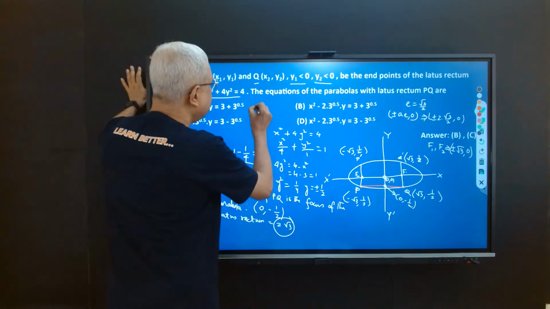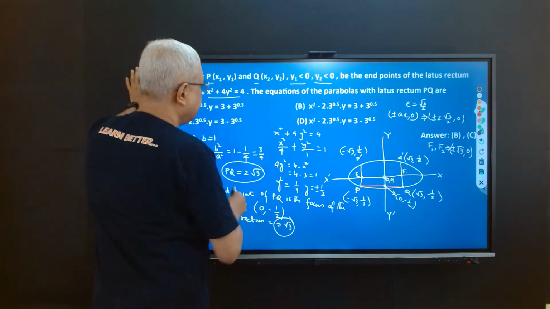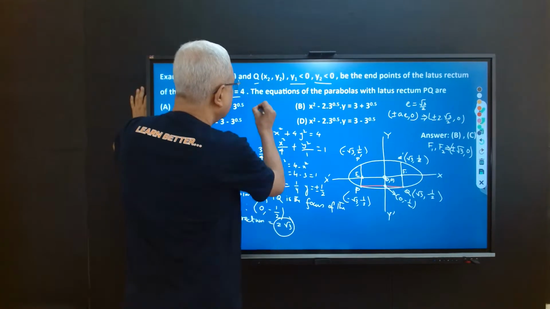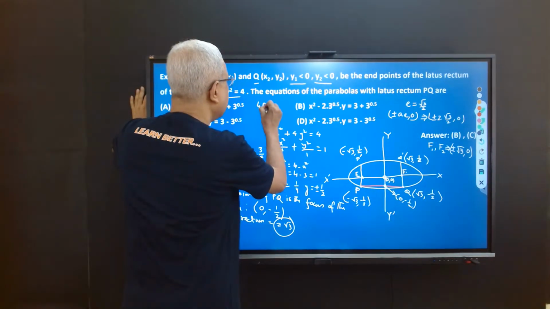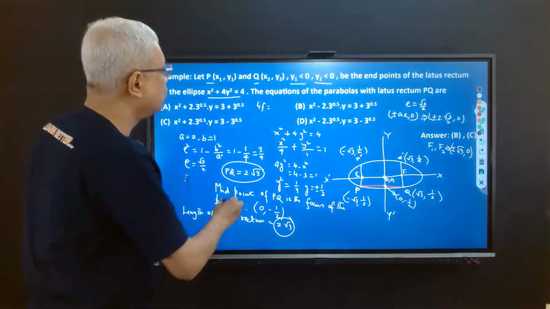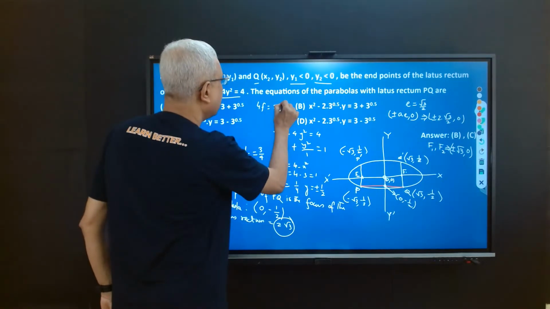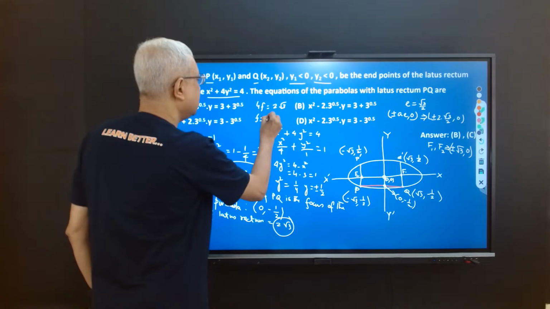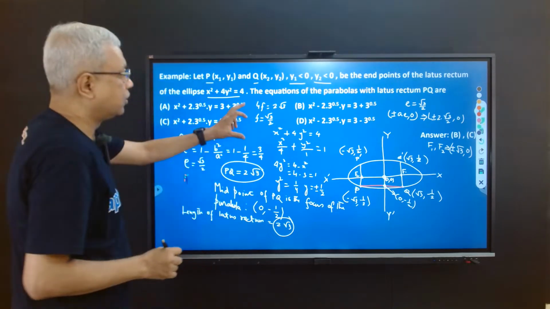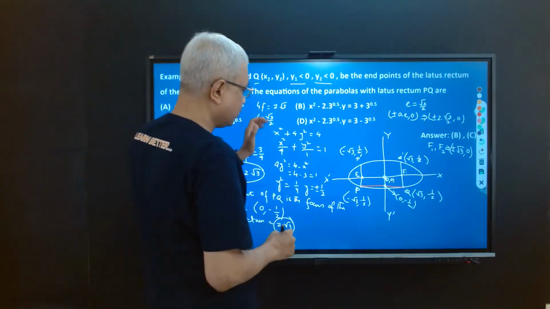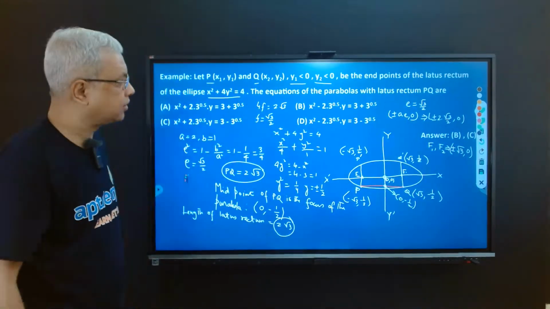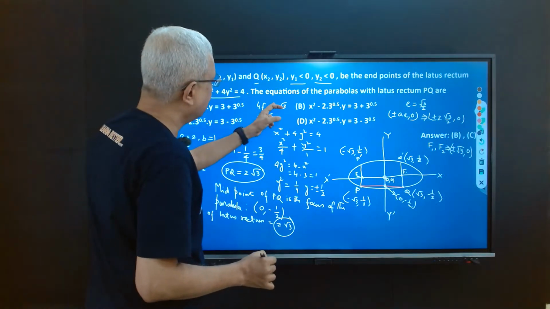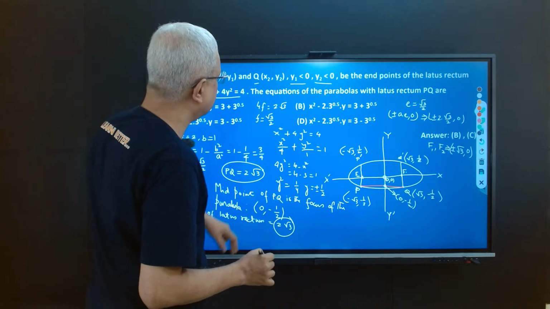If I call the focal length of the parabola f, then 4 times f is equal to 2 root 3. So f is actually root 3 by 2. So the focal length is root 3 by 2.